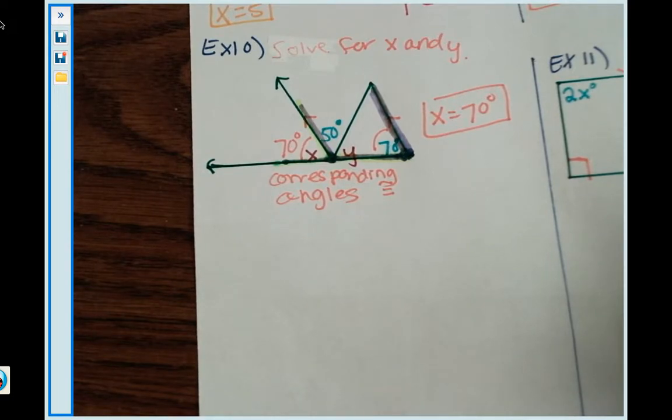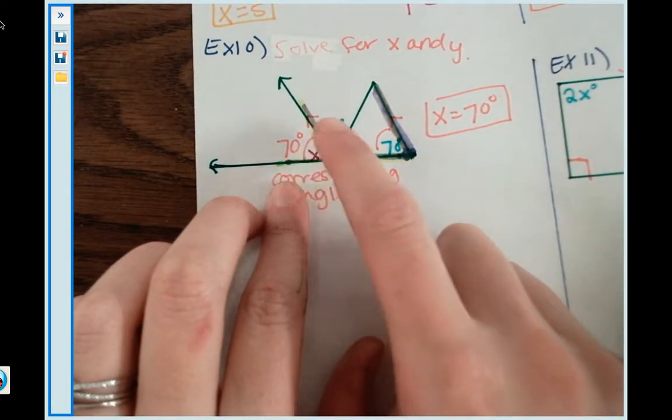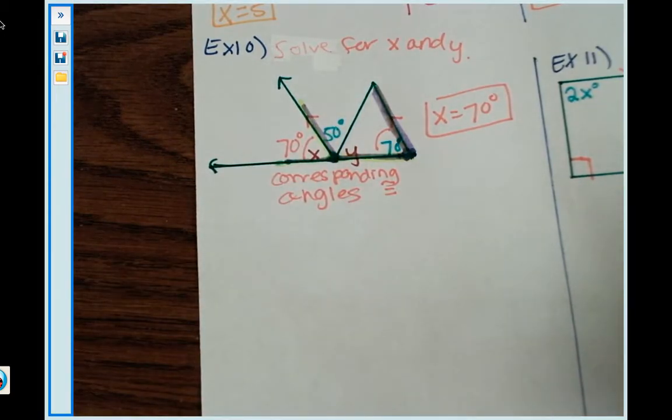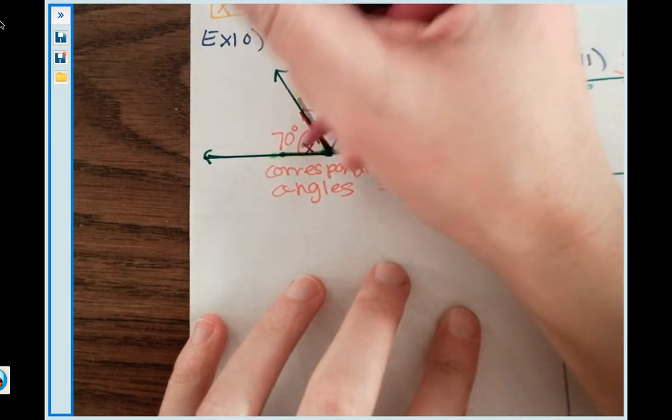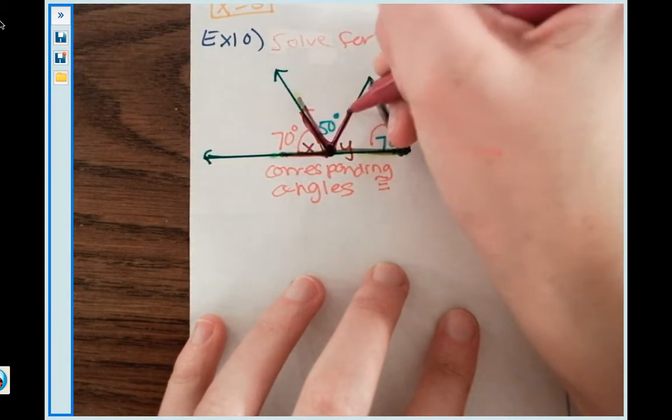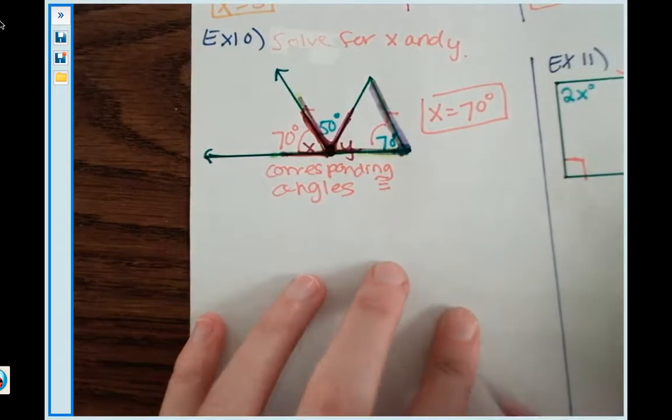Angle Y, again, there's several ways you can do this. This is not the only way, but this is the way I see it. If I look at angle X, the 50 degrees and Y, what do all three of these angles form? I'm going to trace over them. I know things are getting all blended together. So here's angle X, here's angle 50, and here's angle Y. What are they all sitting on?